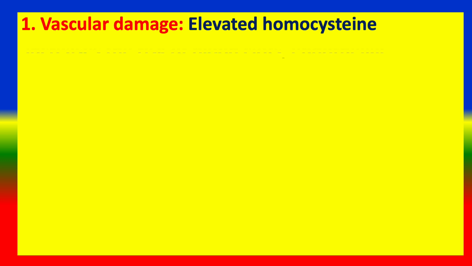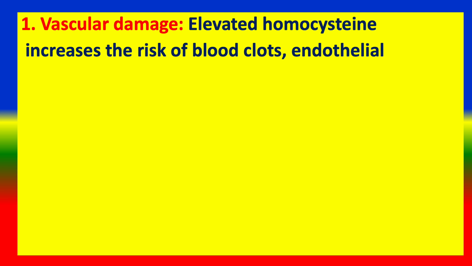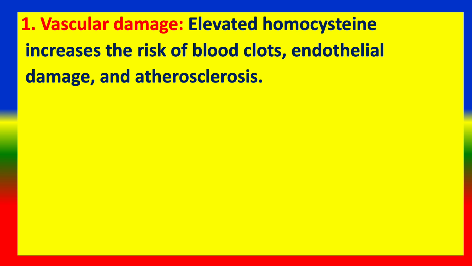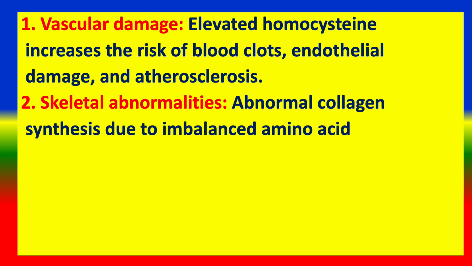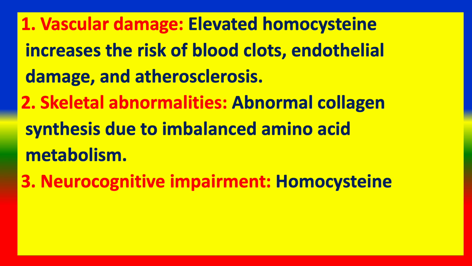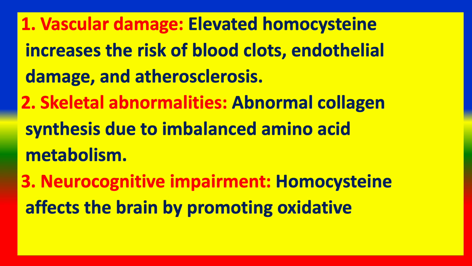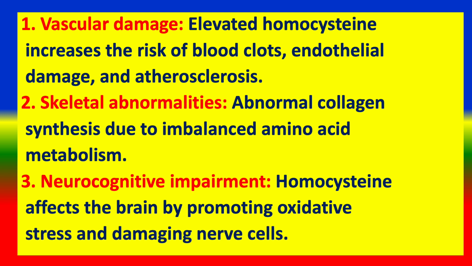Elevated homocysteine increases the risk of blood clots, endothelial damage and atherosclerosis. 2. Skeletal abnormalities. Abnormal collagen synthesis due to imbalanced amino acid metabolism. 3. Neurocognitive impairment. Homocysteine affects the brain by promoting oxidative stress and damaging nerve cells.